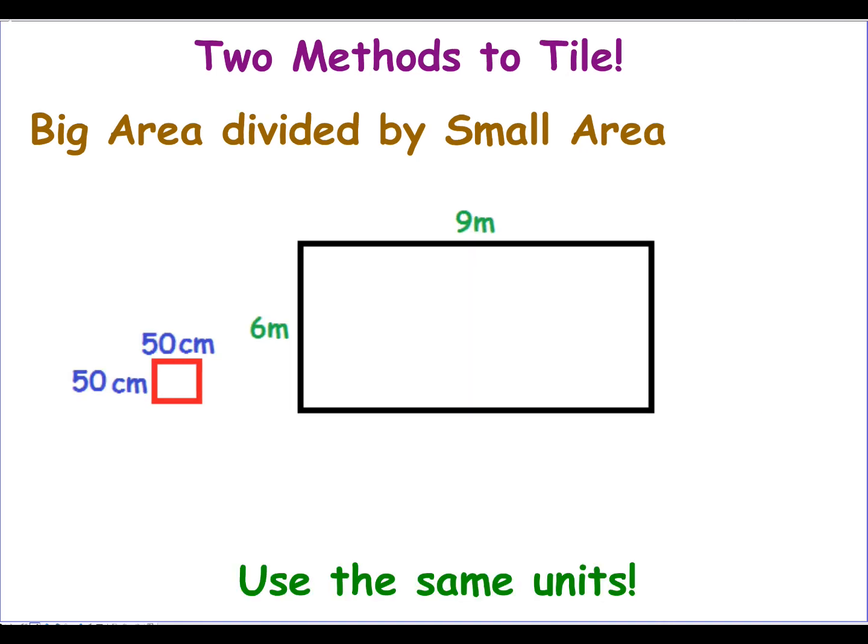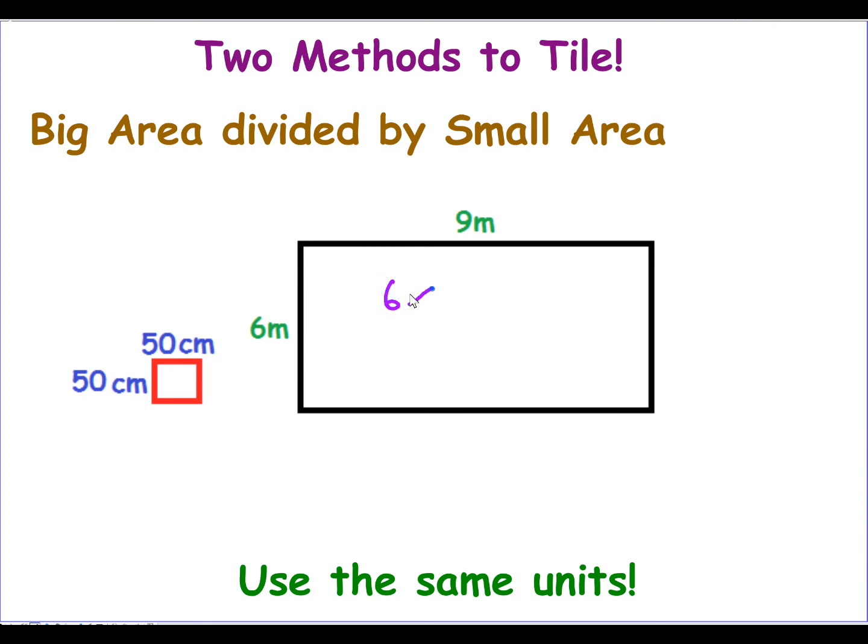And this need to be in the same units is really, really important and something you get tested on a lot. So we have a big area here in meters and a small area of our tile in centimeters. So before you do the calculations, make sure they're in the same units. So I'm going to work in meters.